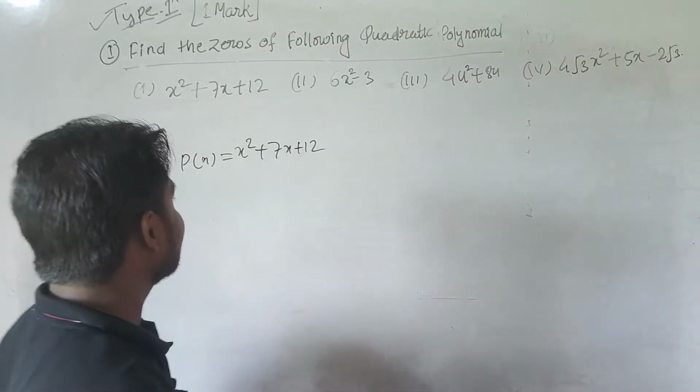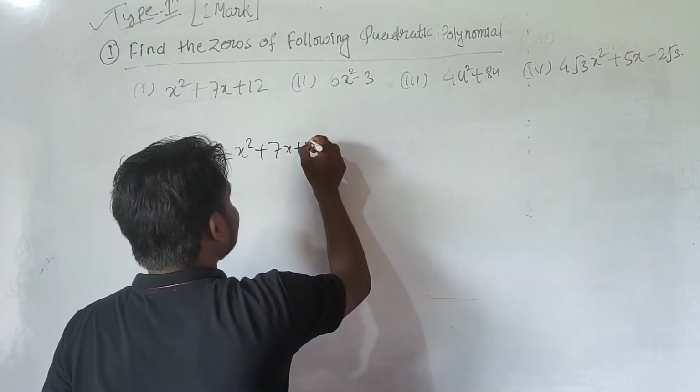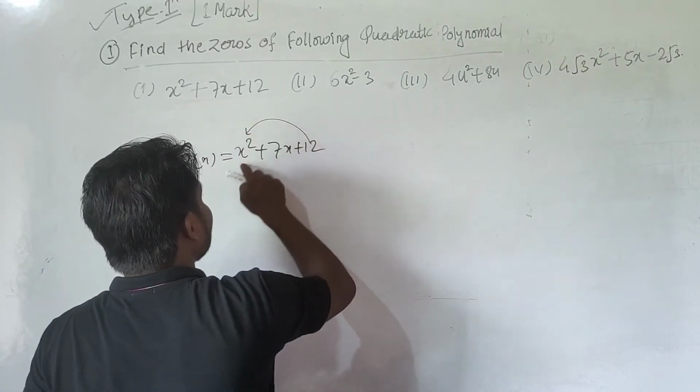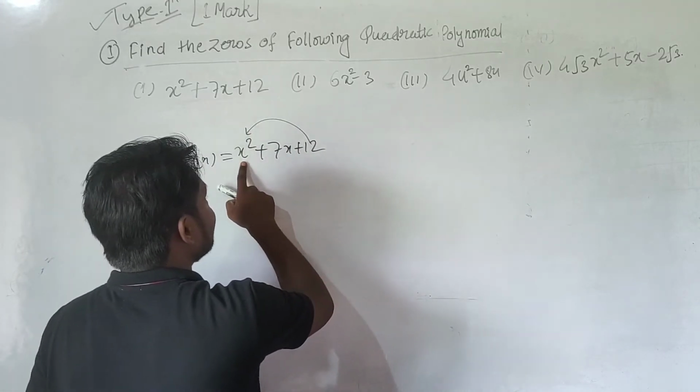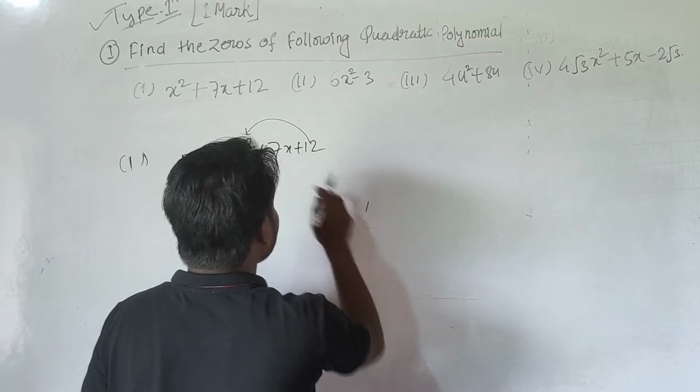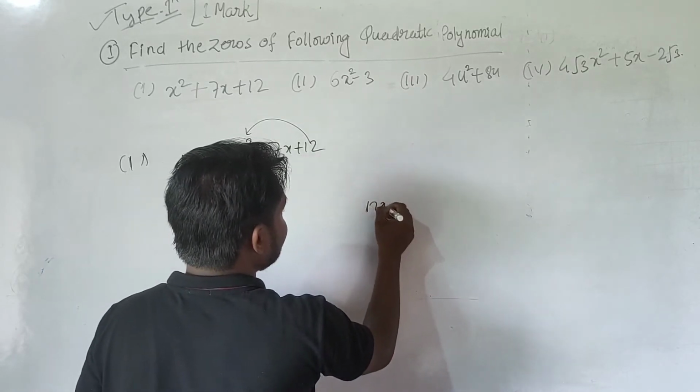In this method, first we multiply the constant term with the coefficient of x square. So if we multiply 12 by x square, it will become 12x square.